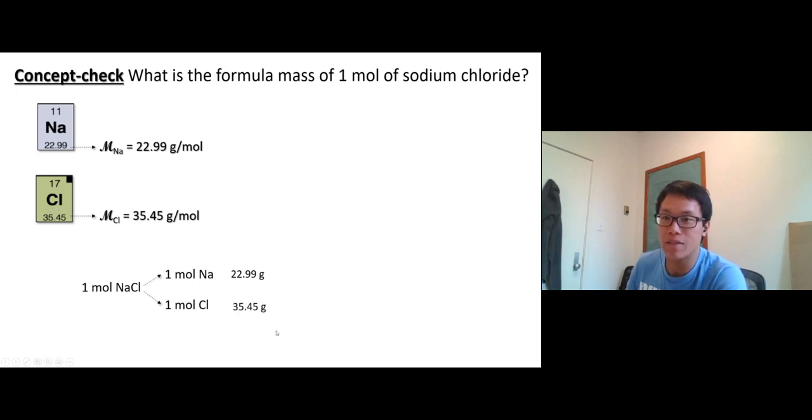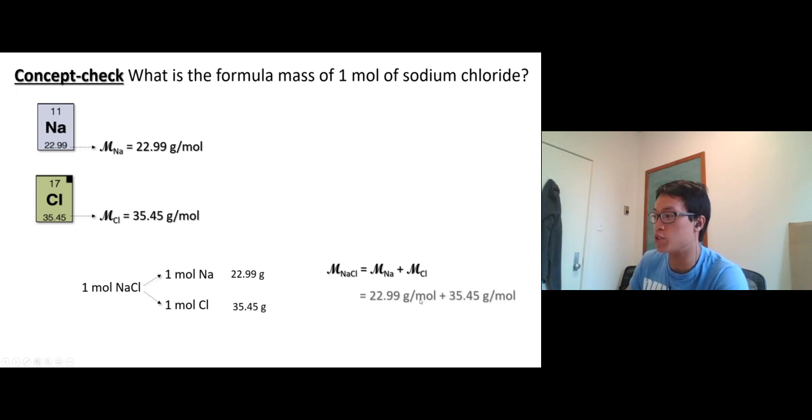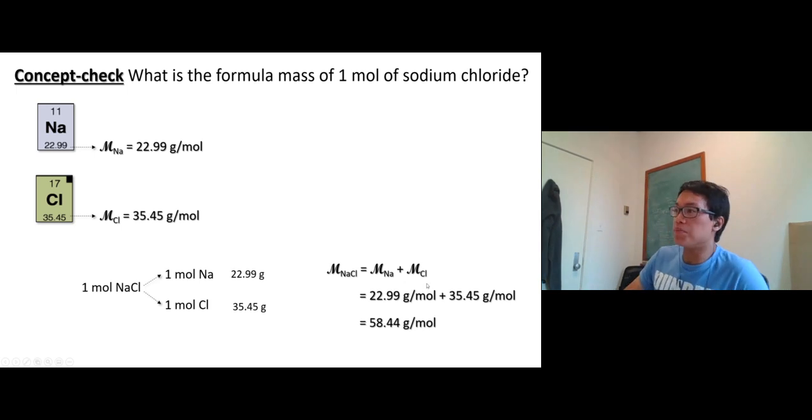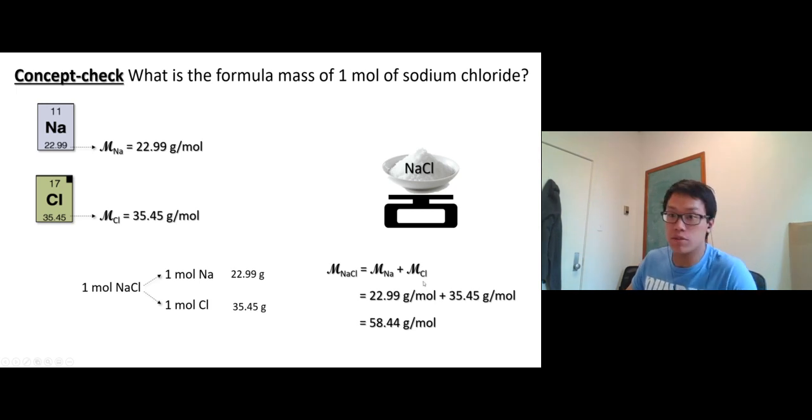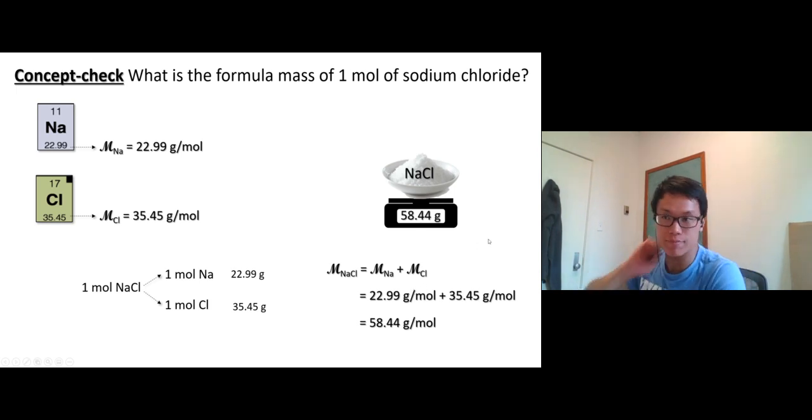Basically, the molar mass of sodium chloride is the molar mass of sodium plus the molar mass of chlorine, so 22.99 plus 35.45 grams per mole. And here we go. Which means that if you have exactly 1 mole of sodium chloride, which is salt, and put it on the scale, you're going to see 58.44 grams.